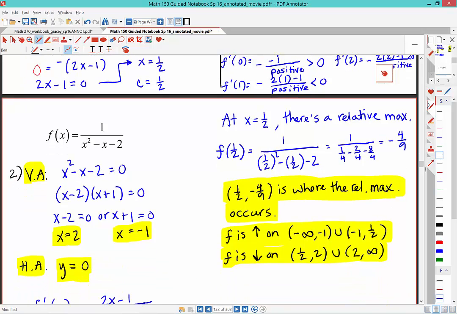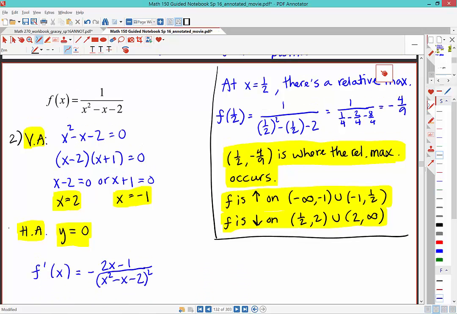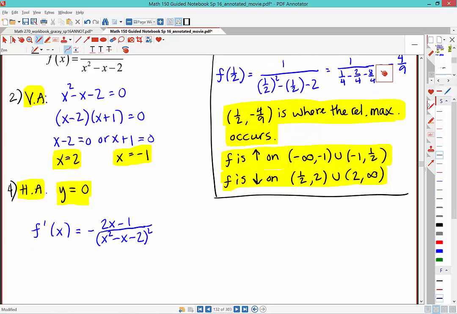And then this was all part of the first derivative test information, and then we found this guy afterward. And so now we're going to deal with concavity and points of inflection, POI.